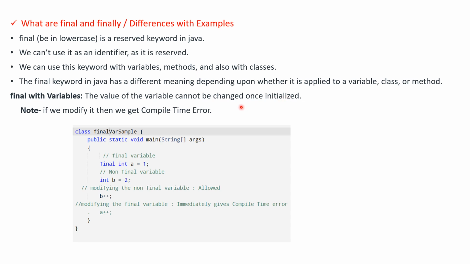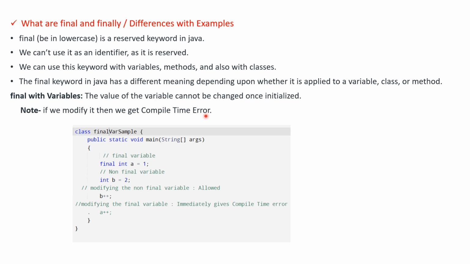Whenever we initialize a value and it is final, we can't alter it, means we cannot modify it further once it has been initialized. And note, if we modify it then we get a compile time error.